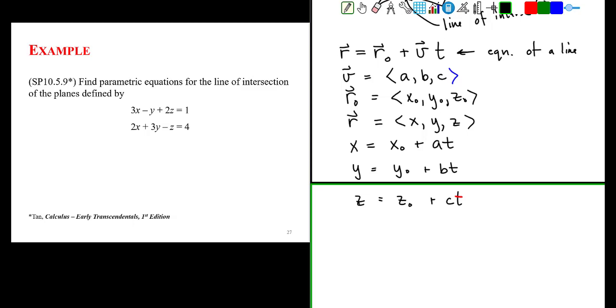Well, in order to determine this parametric set of equations, we are going to need a vector v that is parallel to this line of intersection, and we are going to need a point on the line, located by the position vector r naught.